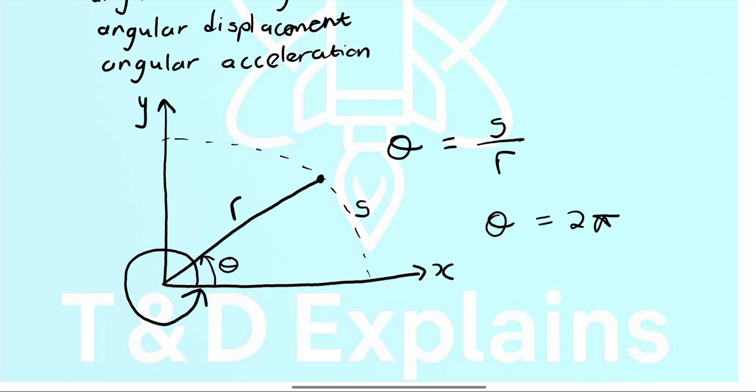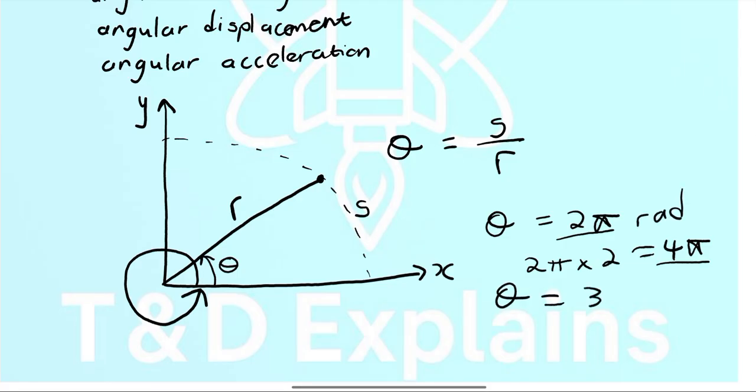If I say 2 full rotations, it means I'm going to say 2 pi multiplied by 2, which will be 4 pi. So a full rotation is denoted by 2 pi in radians. In degrees, that will be 360 degrees.